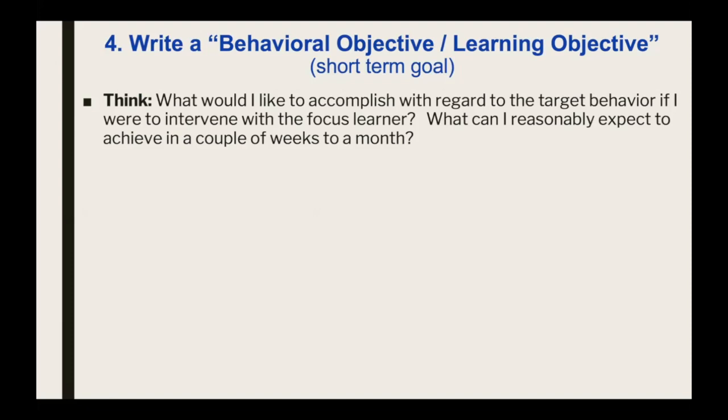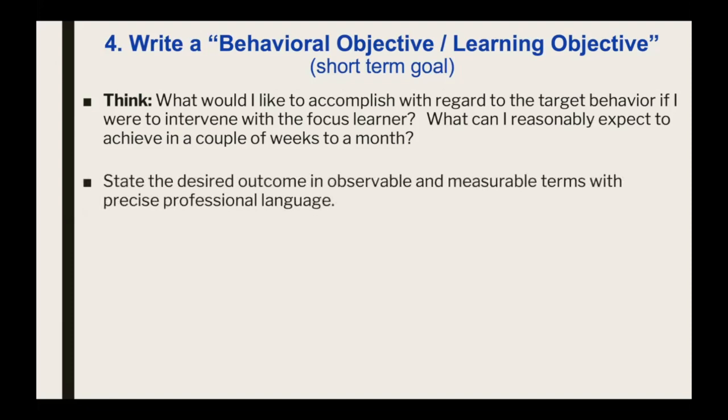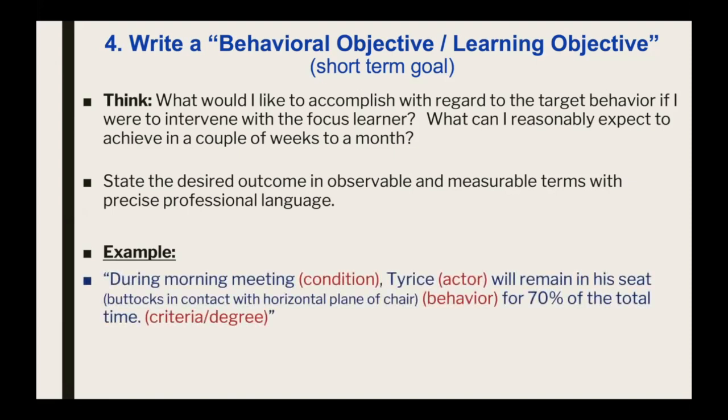Yes, you'll be writing a behavioral objective, a future goal, a short-term goal. What do you want to accomplish in the next few weeks or perhaps a couple of months?